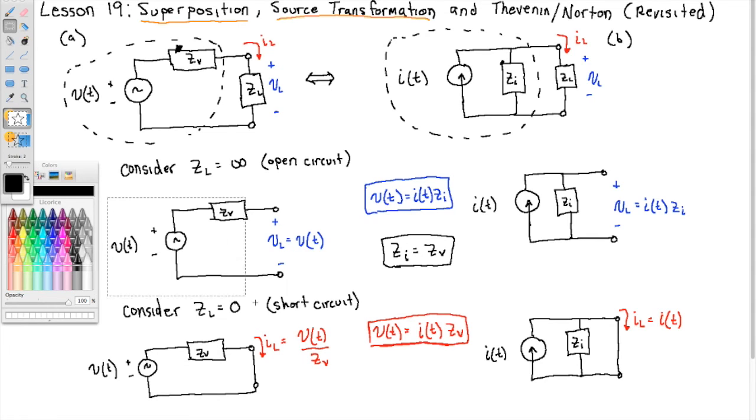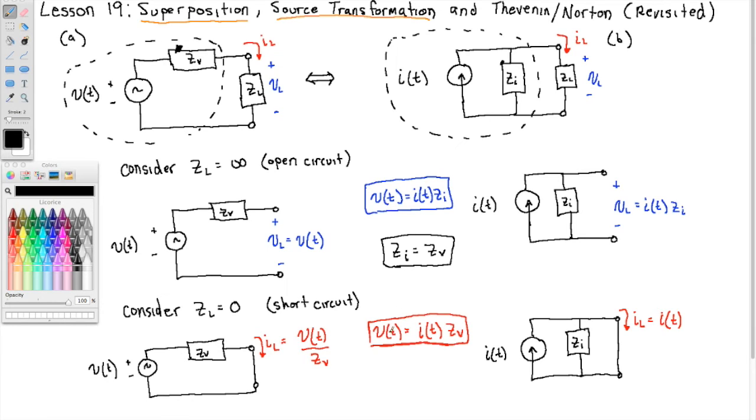Further, the transformation, the relationship between the voltage source and the current source, is given by either one of these red or blue boxes.